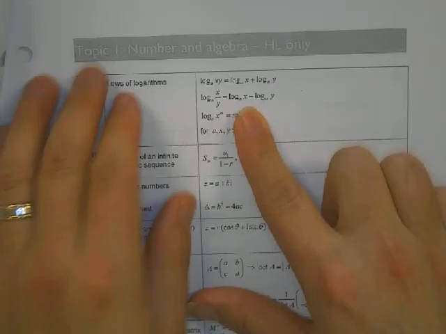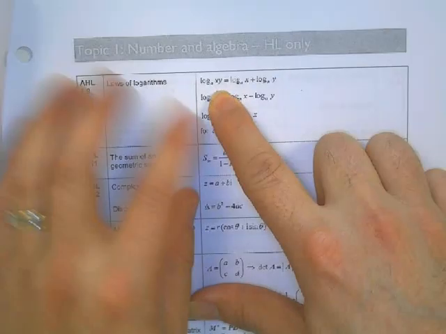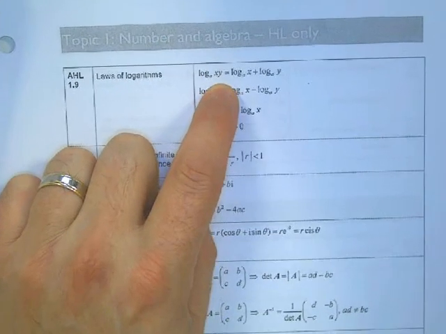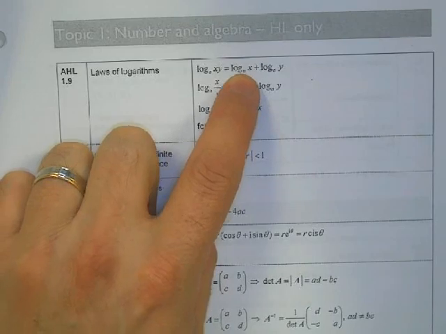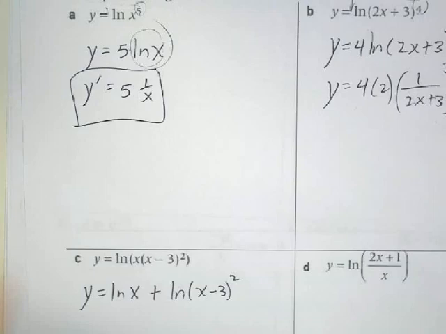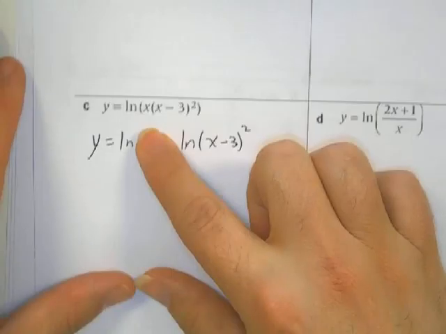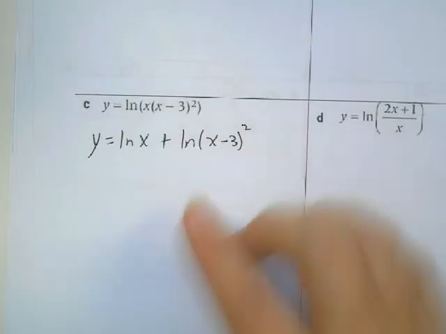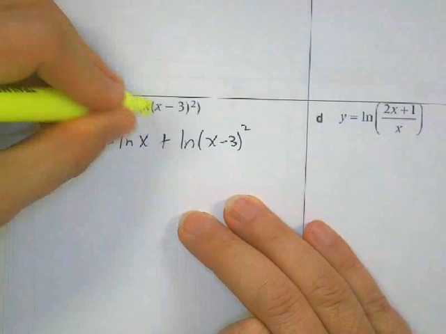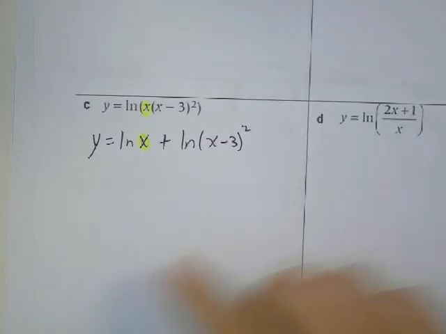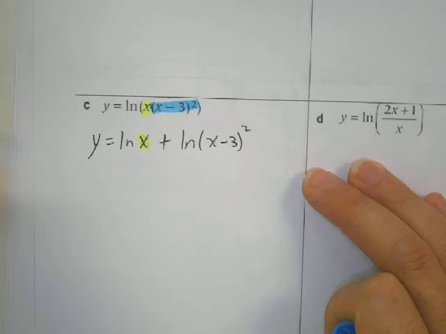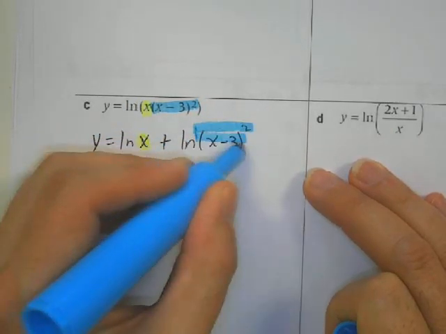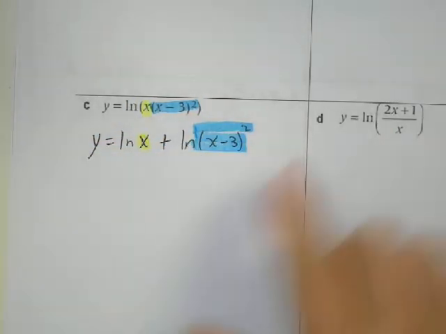Okay, so if I've got log xy, I can write this as log x plus log y. Here I've got log x, and we could simply call this log y if we're using that formula. Okay, and then now I can use the power rule and bring that to the front.